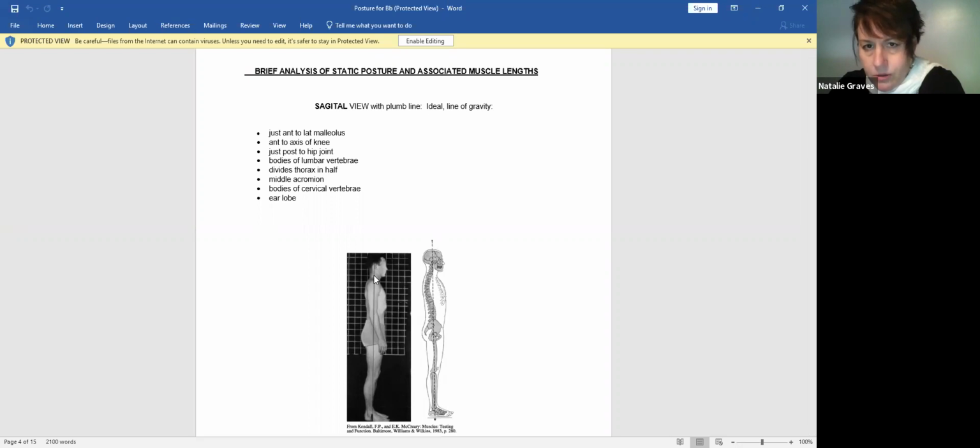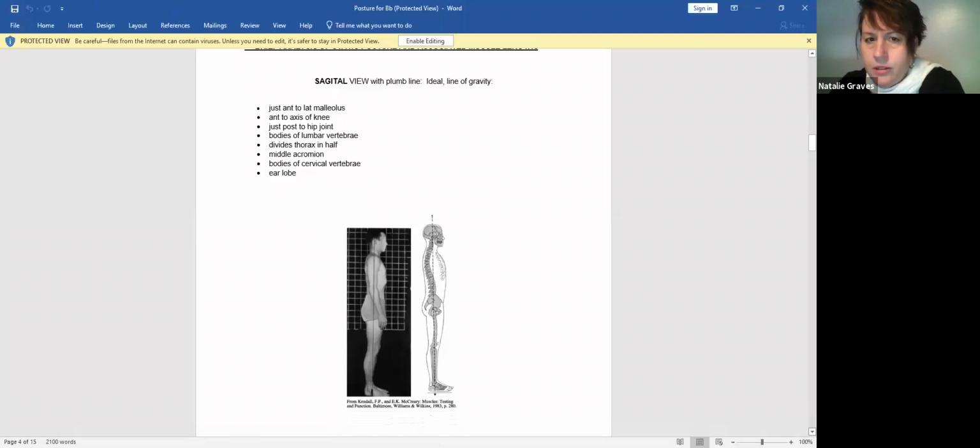The plumb line is really going to show up a lot of deficits or postural issues. And then the plumb line should fall through the cervical vertebrae and it should go through the earlobe. So that was the first type, ideal.